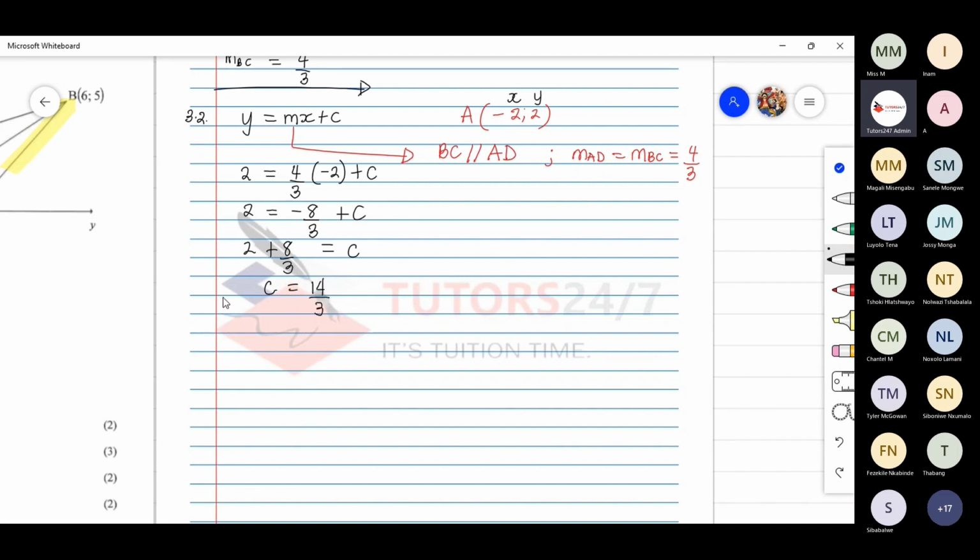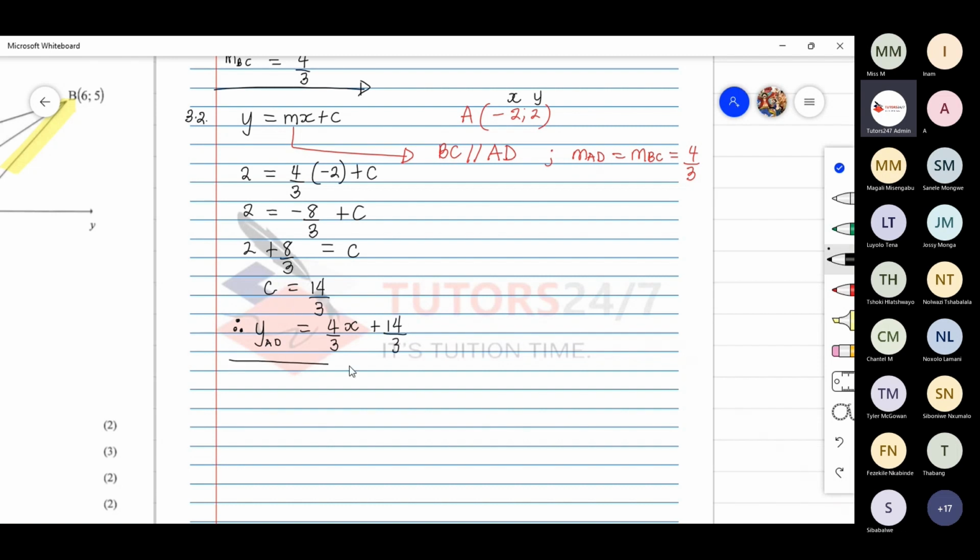14/3. So we can then conclude that our equation of this straight line AD is therefore equal to, now like I mentioned previously, we are only going to substitute the gradient, which is 4/3, and we are going to substitute the C value, which is 14/3. That's it.